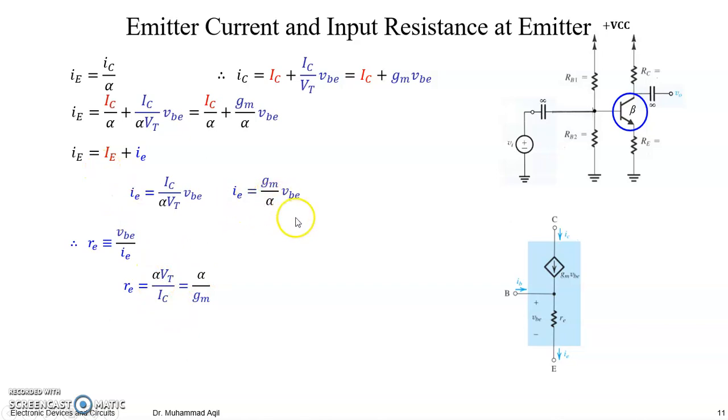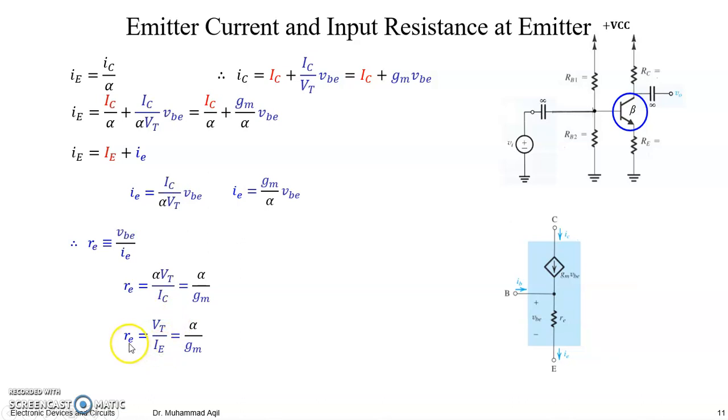And similarly here, if IE comes down here, VBE by IE, then alpha goes up and gm goes down at the other side, which will give you alpha by gm, right? Or if you put this alpha down to this IC, so IC by alpha is nothing but IE, right? So again, the easy to remember relation: the small AC resistance at the emitter side would be equal to VT divided by IE.